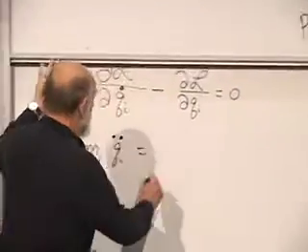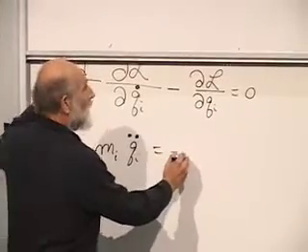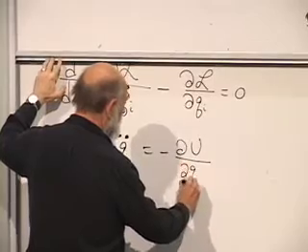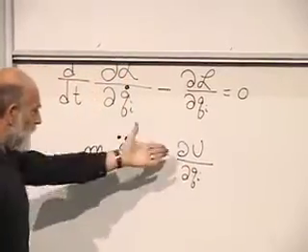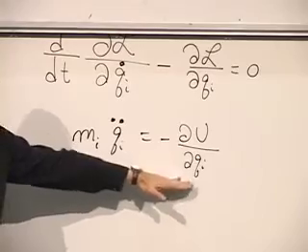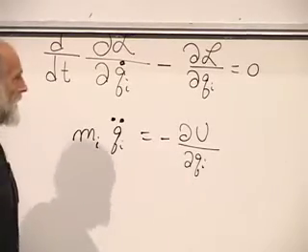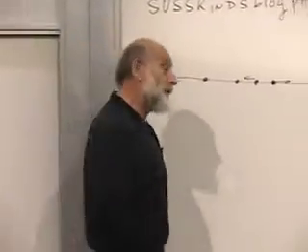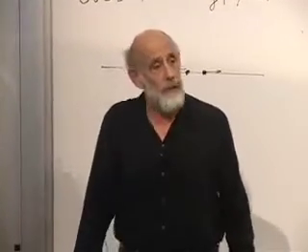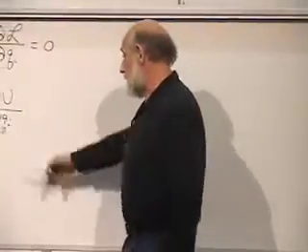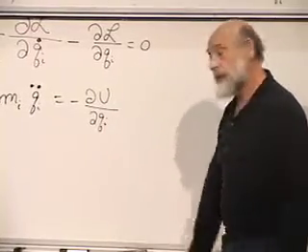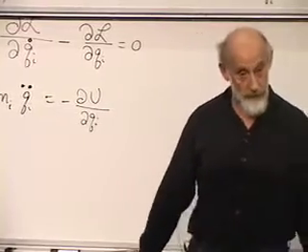So this gives us minus the derivative of potential energy with respect to q sub I. This, of course, is just the force on the ith particle. The gradient of the potential energy with respect to position, or minus it to be more precise, is the force on the ith particle. For our purposes, we'll just define this to be the force. Notice it depends on position, it does not depend on velocity.